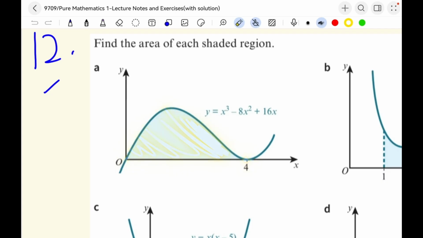So what is the function? The curve function bounded between the curve and the x-axis. So it's actually the integration from 0 to 4. Now it's a definite integral. That means you don't have to consider plus c already, as I have explained in the lectures just now.